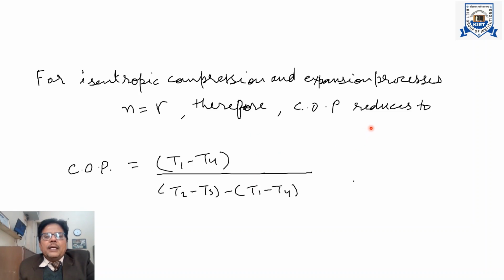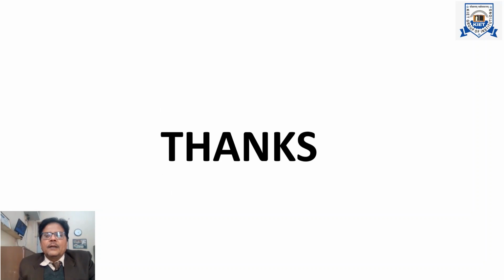It is the same as what we calculated earlier, COP in terms of temperatures only. So in a Brayton cycle, if we calculate the temperatures, then we can easily calculate the COP of an air refrigeration system, the Bell-Coleman air refrigeration system, or reverse Brayton system. Okay, thank you.